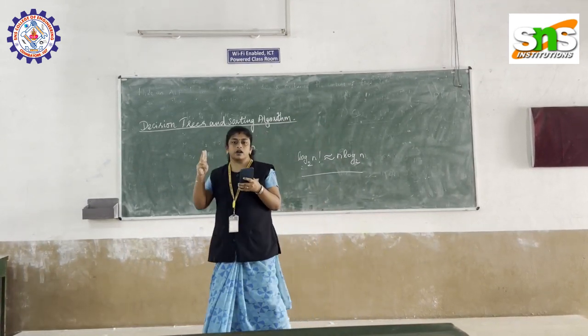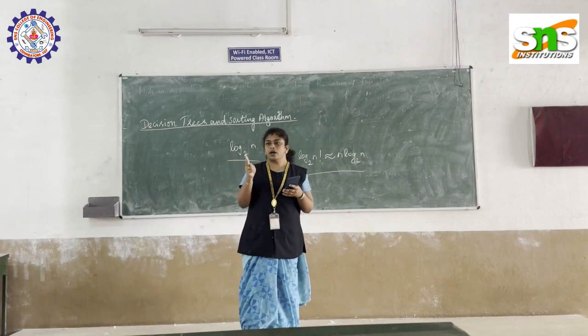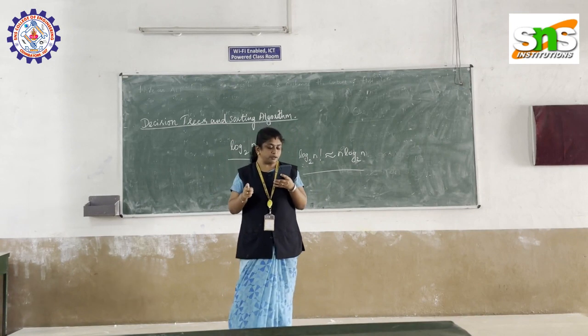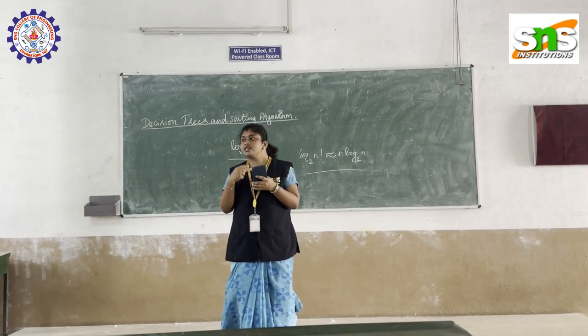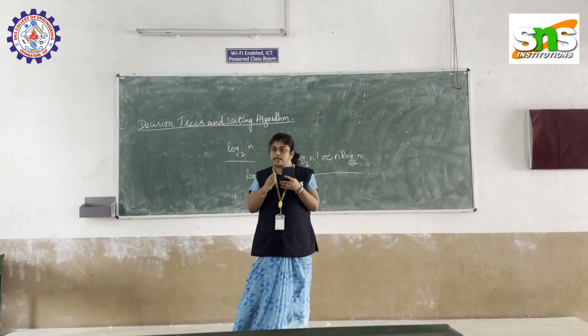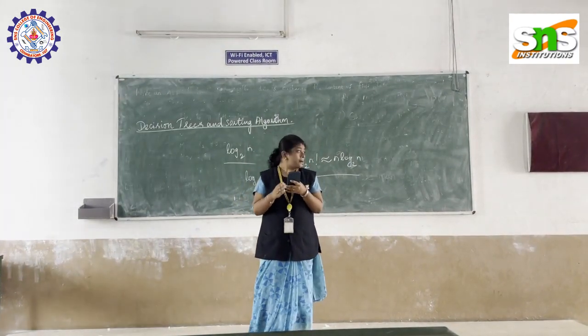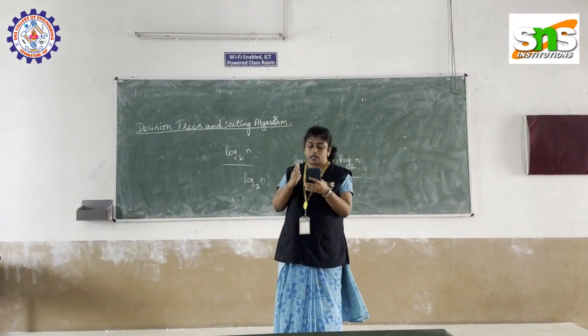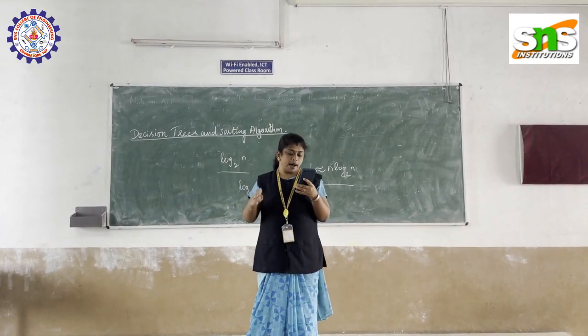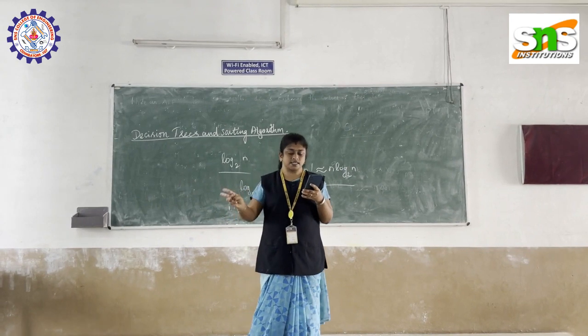We take two sorted lists and merge them. Here the adversary keeps the ordering b1 less than a1 less than b2 less than a2 up to bn less than an in mind and answers comparisons consistently.